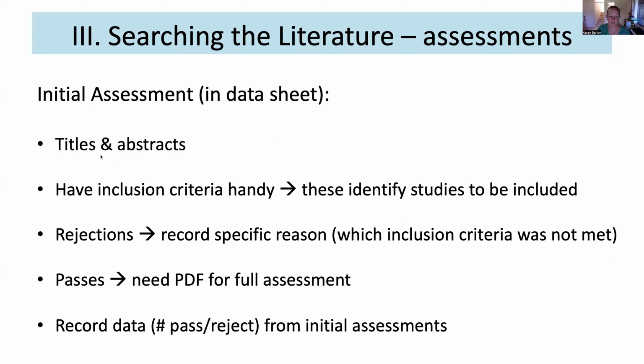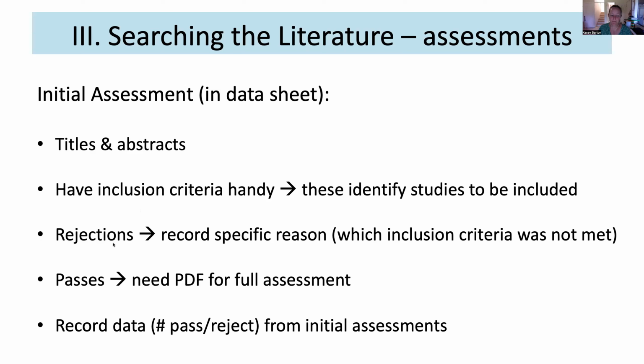So in this initial assessment, I recommend just reviewing the titles and the abstracts. Often reviewing the titles and abstracts will help you make a first call about whether a paper is at least not meeting your inclusion criteria. It may not confirm that the paper fits all your inclusion criteria, but it helps you identify some no's, usually a lot of no's. So you have to have your inclusion criteria handy here, of course, for these assessments.